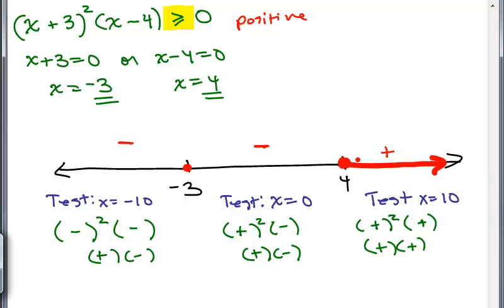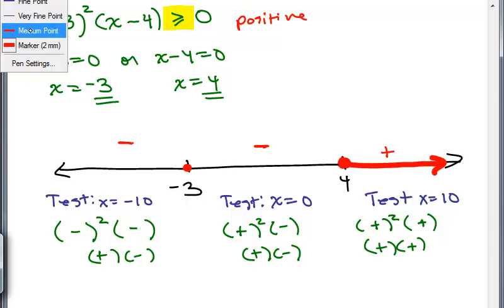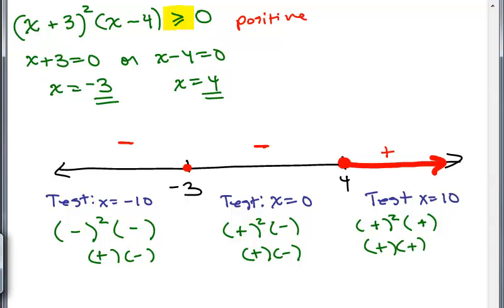So this looks really different than the other problems we've done, right? So check this out. I have this solution, this single dot over here at -3. That's a solution, plus I also have everything from 4 to infinity.